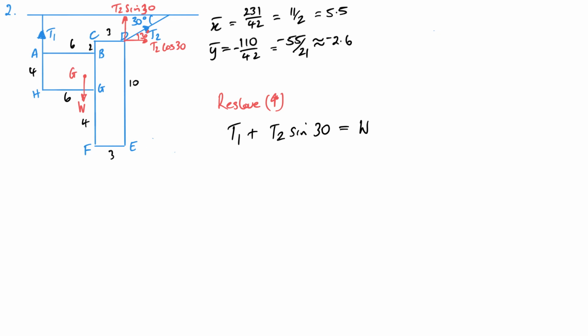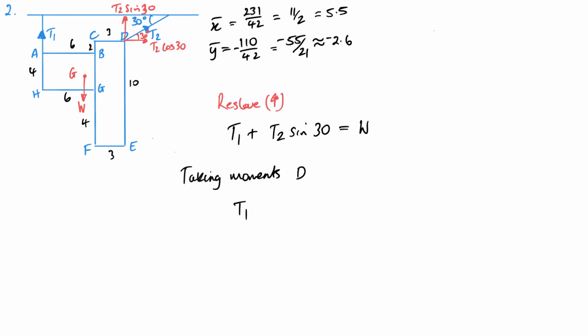And next I want to take moments, and I'm going to take them about D so that I can take that diagonal one out of it. Obviously then it's got 0 distance, so it's not going to affect it. I think that'll make my life a bit easier.